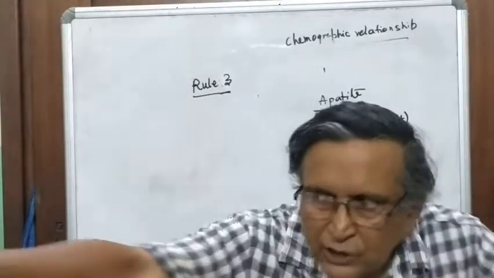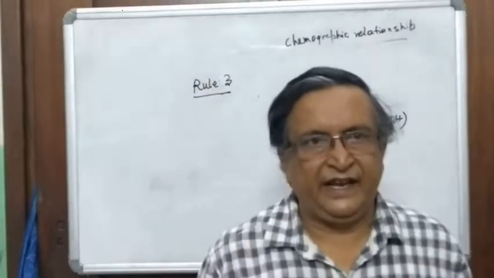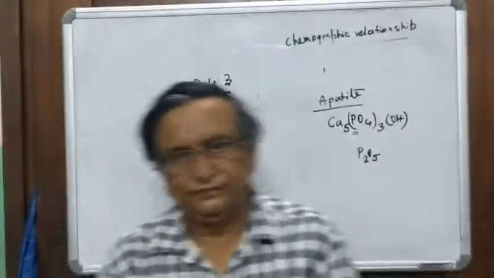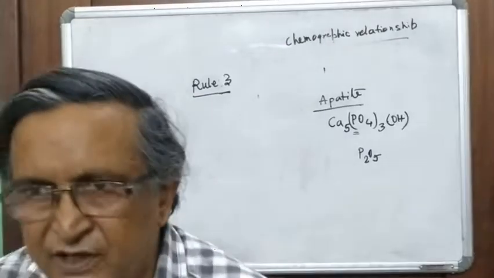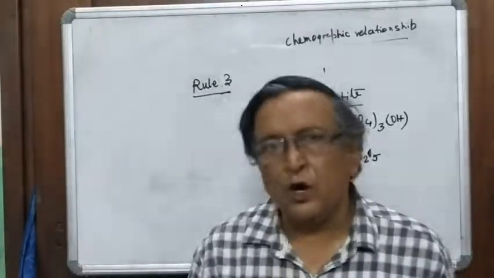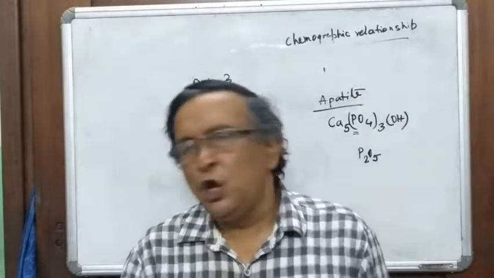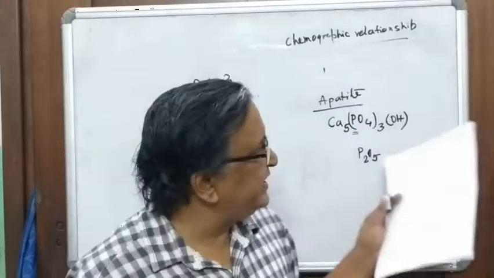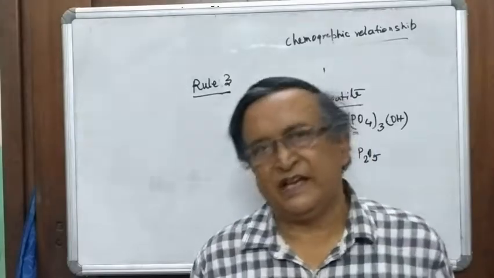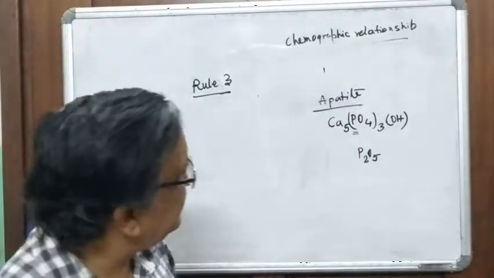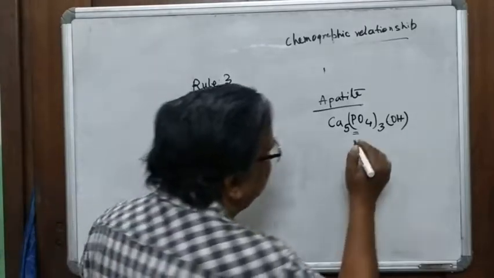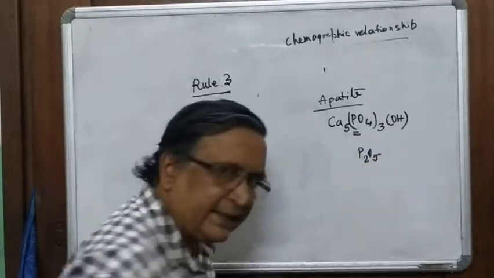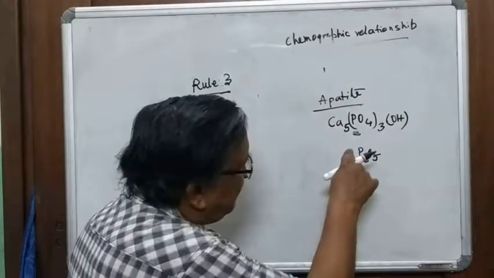But if you look at all the other minerals, none of them contain phosphorus. In pelitic, mafic or quartzo-feldspathic rocks, there is hardly any mineral which contains phosphorus, except possibly monazite.